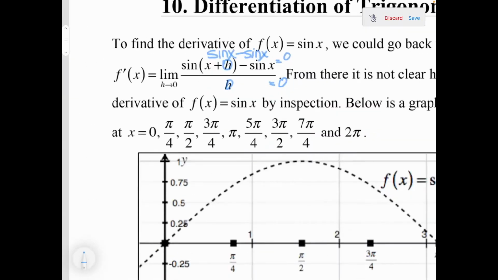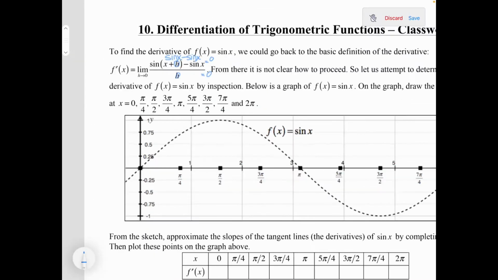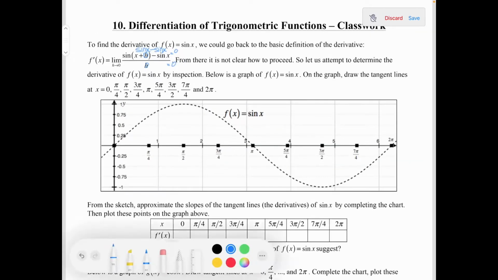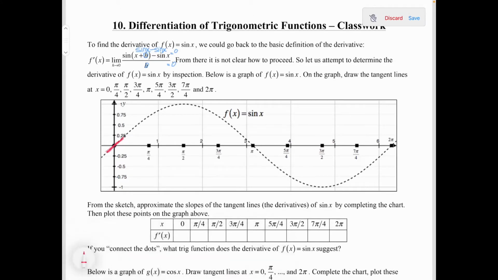Let's look at the graph of y equals sine x, and let's see if we can estimate the slope of the tangent lines at certain points. So if we look here, the tangent line at pi over 4 would look something like that, not quite as steep as at 0. Pi over 2 would be a horizontal tangent. 3 pi over 4 looks like it would be the same as pi over 4, just negative.